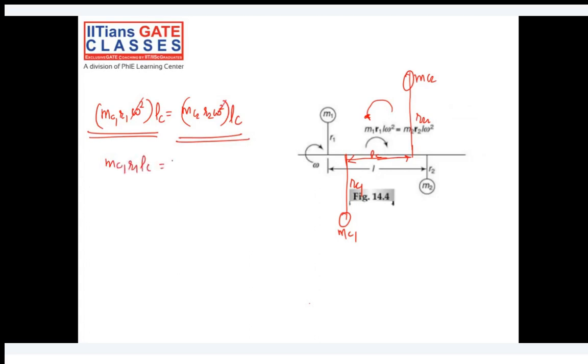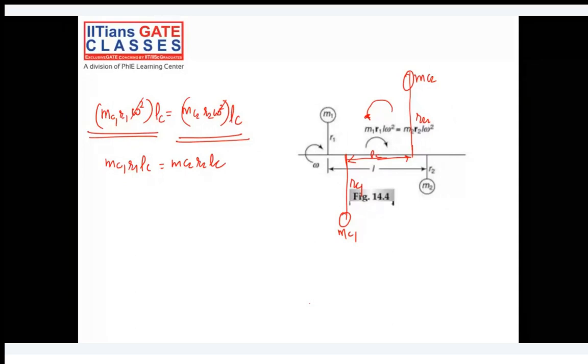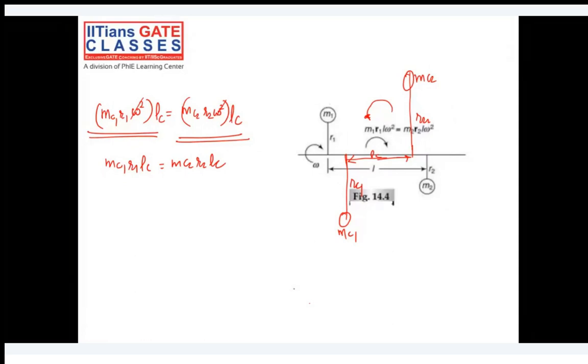So here, the first one is static balancing. This force is in the upward direction, this force is in the upward direction, and these two forces are in the downward direction.